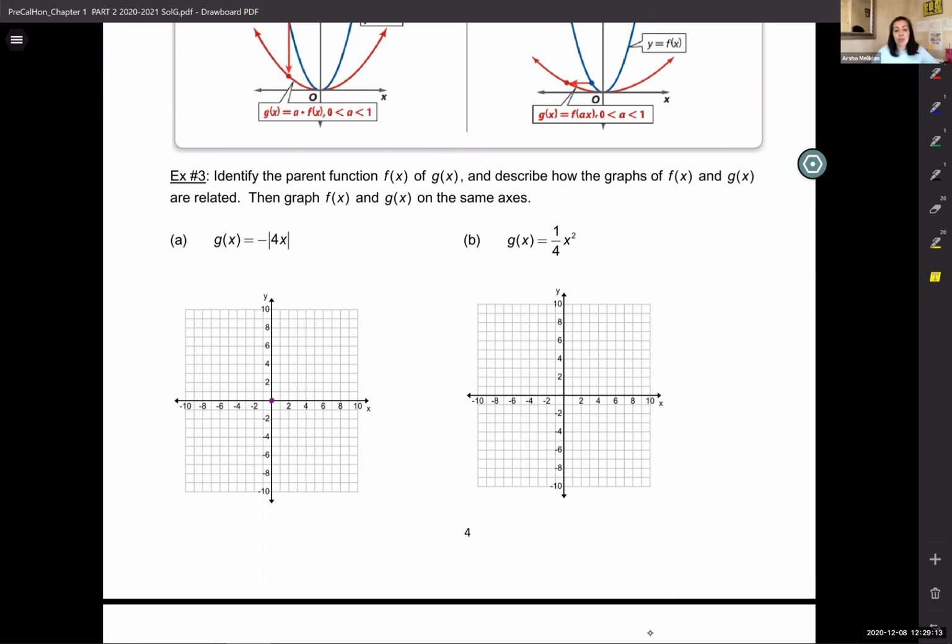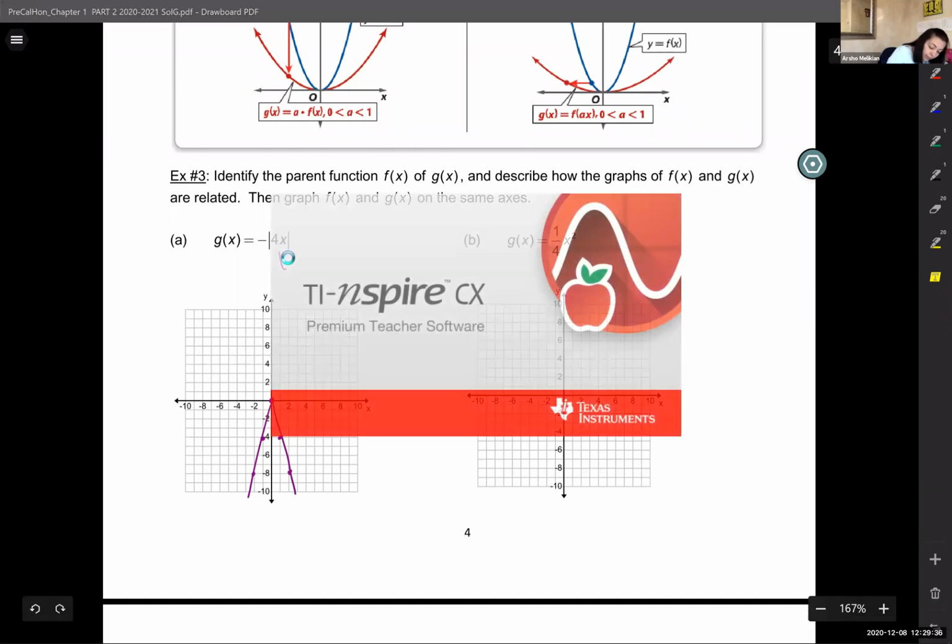You want to plug points in? Let's plug points in. When x is 1, y is negative 4. And we know it's mirrored on the other side. When x is 2, it's negative 8. And there. Okay, do you see how it's narrower because of this?